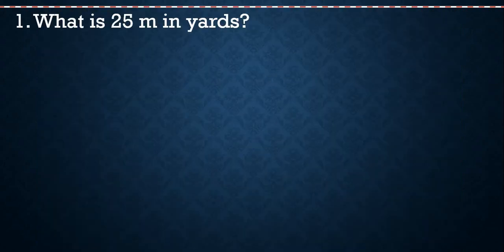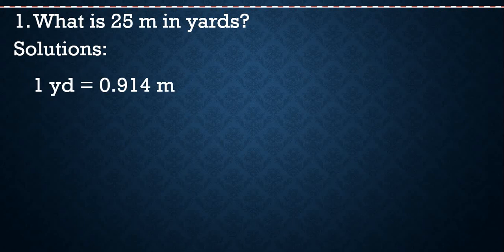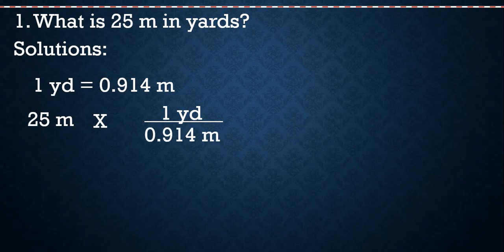So let's have an exercise. What is 25 meter in yards? Now our goal here is to convert 25 meters in yards. So let's have the conversion of 1 yard is equivalent to 0.914 meter. Okay, let us use 25 meter times the conversion, which is 1 yard over 0.914 meter.